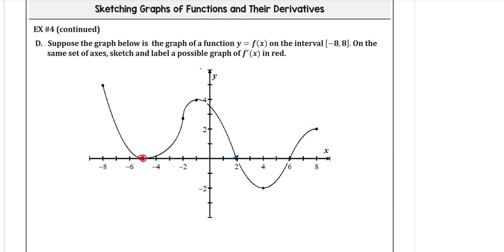I'm going to have a 0 here at -1 from that maximum. I'm also going to have a 0 here at this minimum. And then I'm going to make the kind of assumption for the function that that's probably a 0, but I don't want to be too crazy about that.